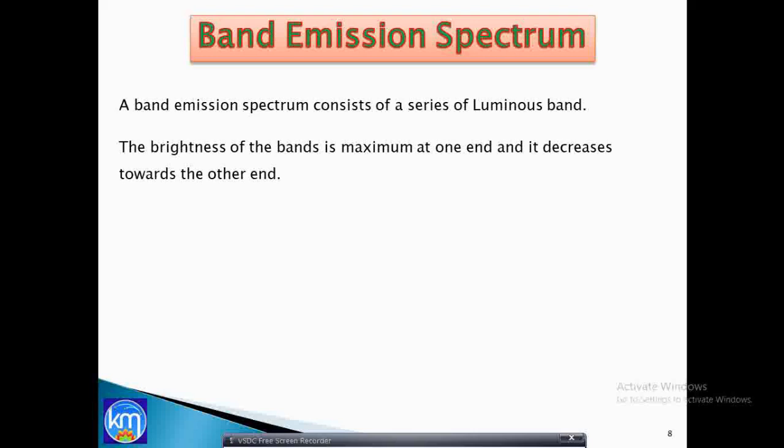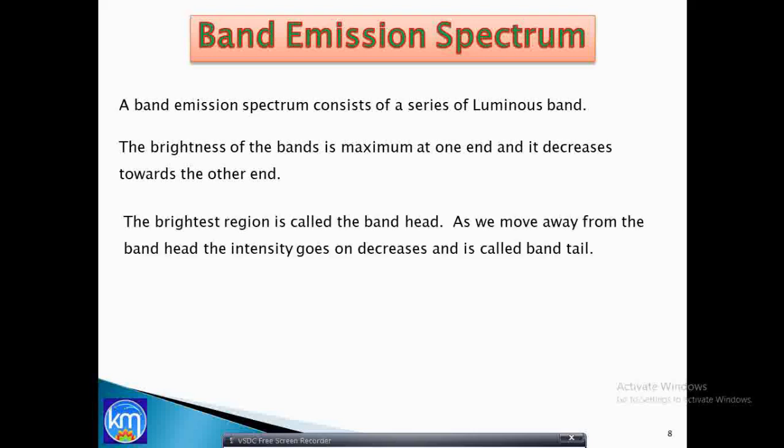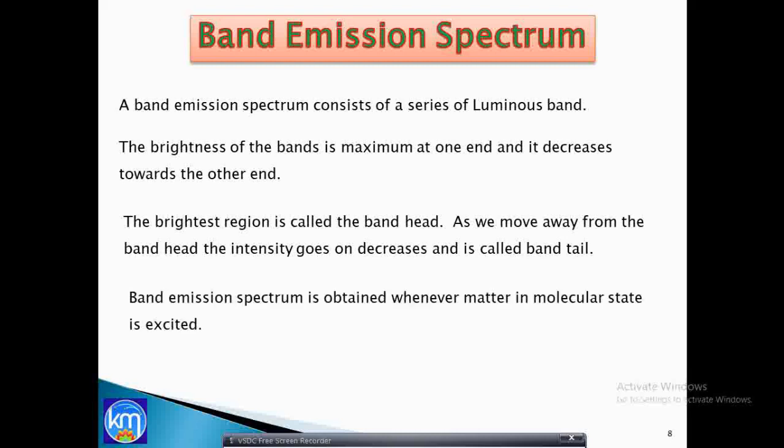The point where the brightness is maximum is called the band head, and the region where the intensity decreases and lowers out is called the band tail. This is about the band emission spectrum.